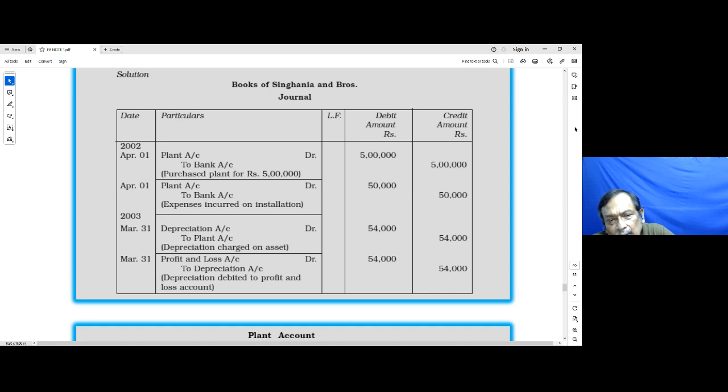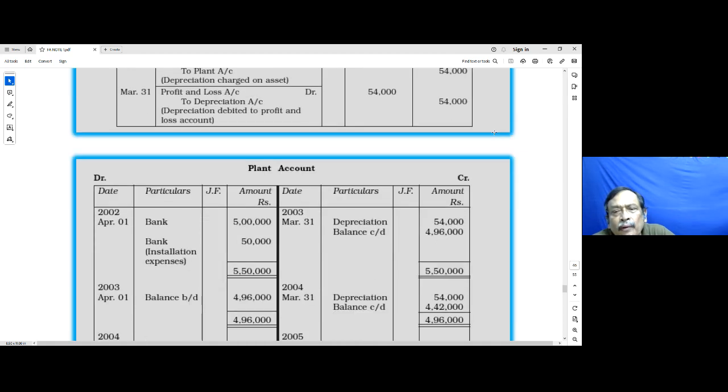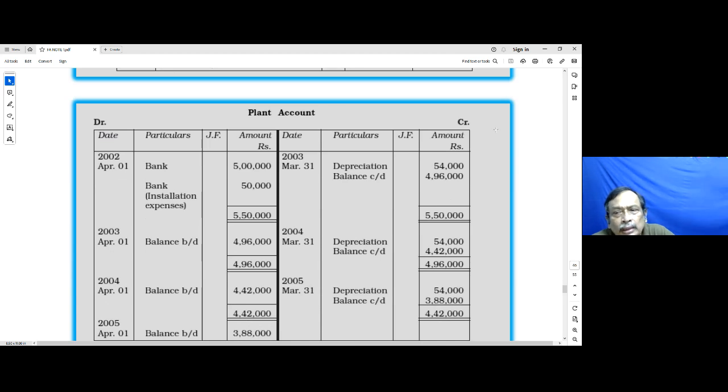Then profit and loss account debit to depreciation, that is 54,000. Now journal to ledger: to bank 5 lakh, then to bank installation expenses 50,000, by depreciation 54,000, by balance c/d 4,96,000.